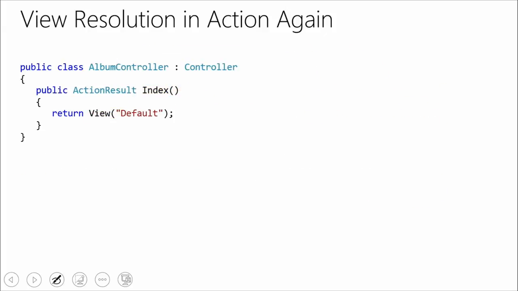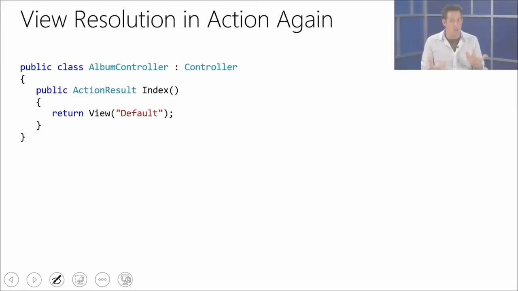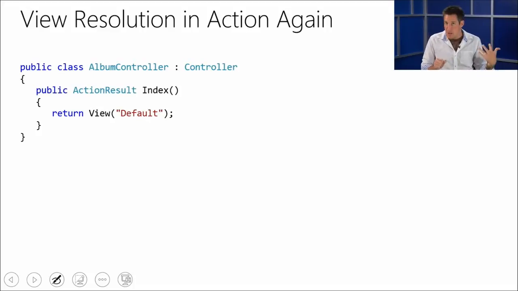Now, let's say that one of the things we wanted to do is share views. A perfect example of this is edit versus create. Generally speaking, the difference between edit and create as far as the form goes is create is blank, and edit will automatically be pre-populated with the data from the item that you are now looking to edit.